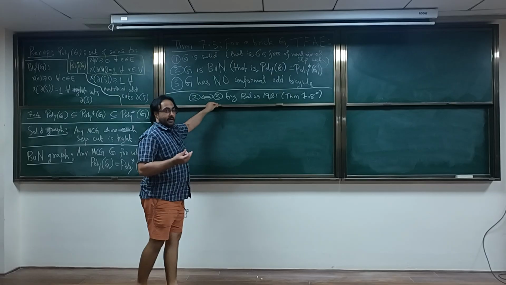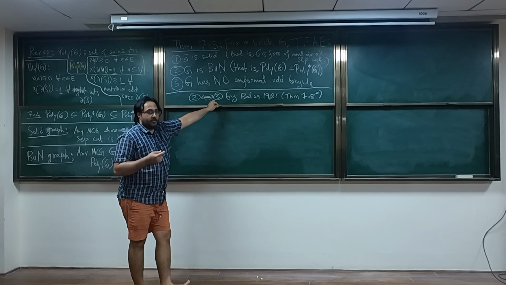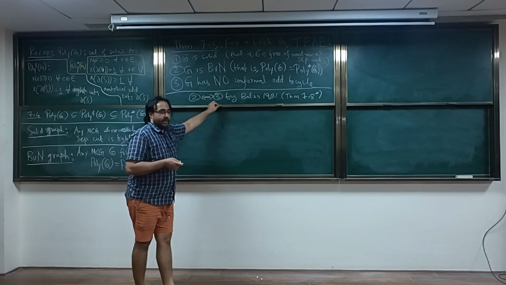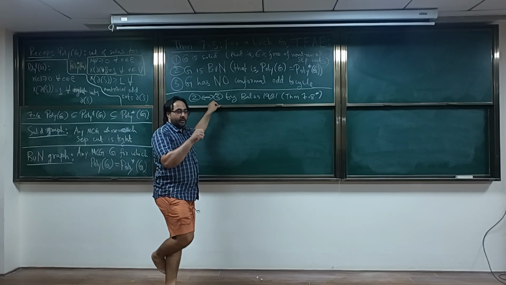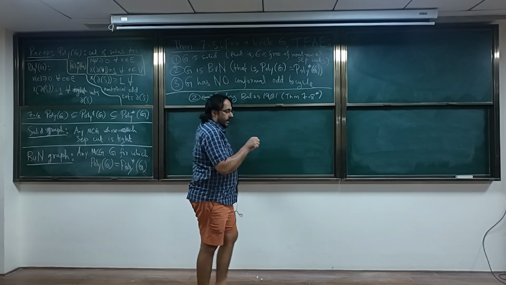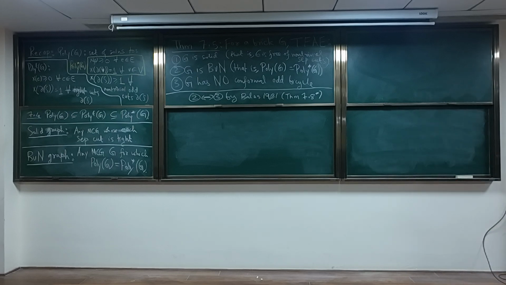If there is a conformal odd bicycle, it's clear. You just construct a vector and you are done. The other direction was a bit trickier. We got a bunch of odd cycles, vertex disjoint, and then we had to bring down the number to 2. And of course, to prove the other direction, we use the characterization of extreme points of the fractional perfect matching polytope, right, which is on your assignment exercises.